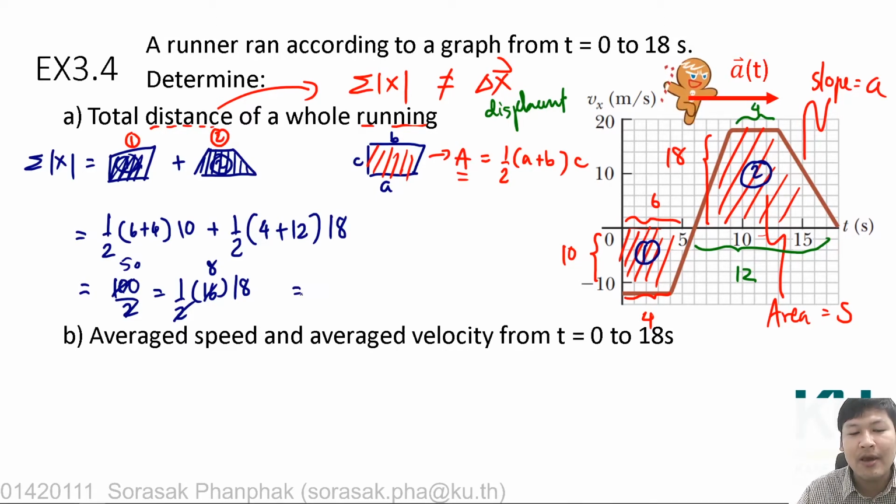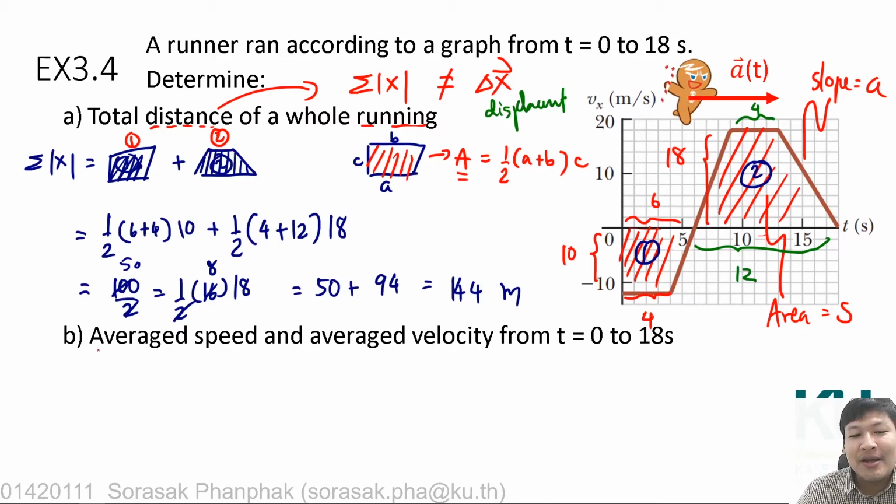Do the final calculation. You get this one plus this one, which is 144 meters. This is the total distance, not a displacement, right?